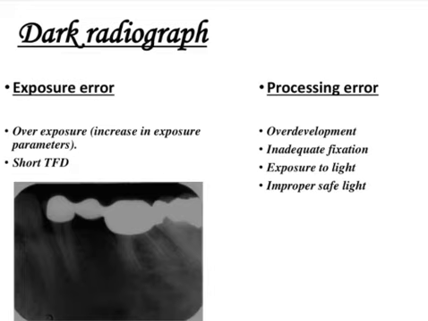Now, when there is an improper safe light, that means light leakage, if you keep the film out of the film packet and then place a coin on this film and just wait for 5 minutes, then after 5 minutes, process this film.